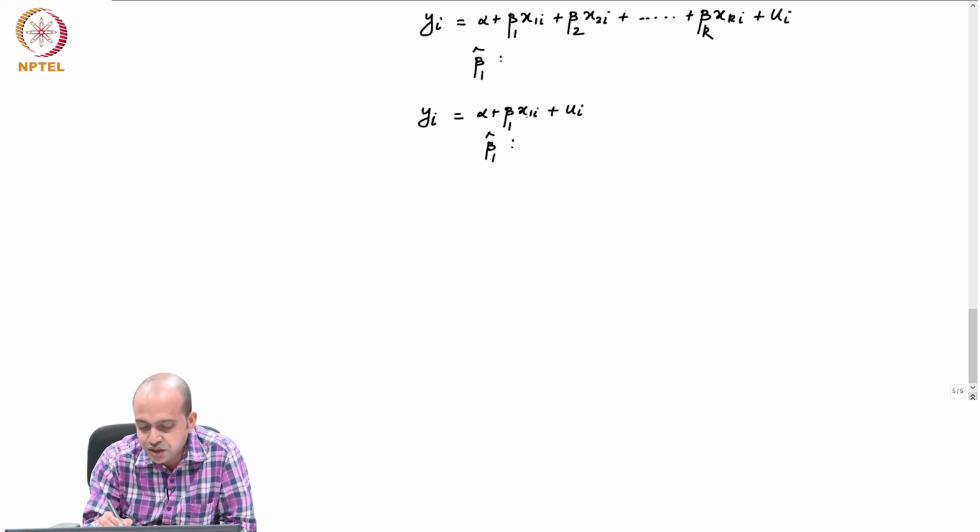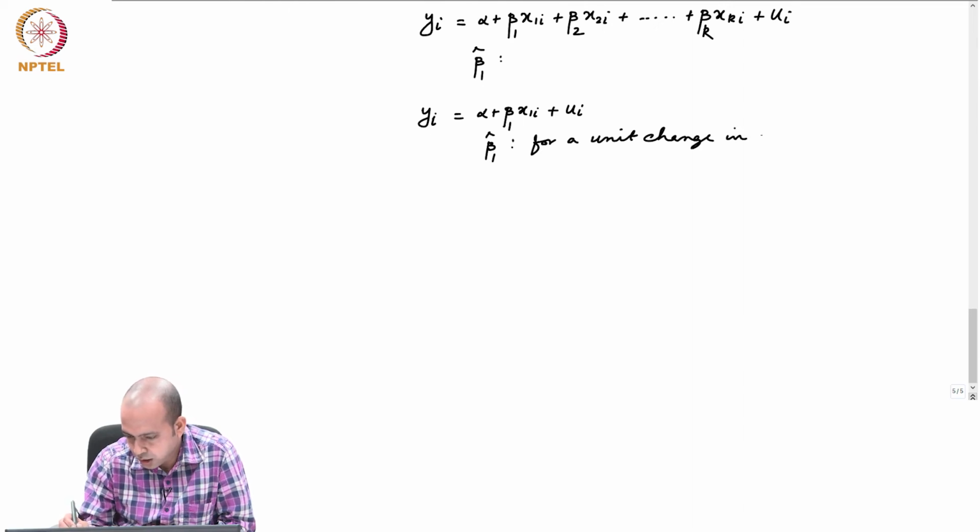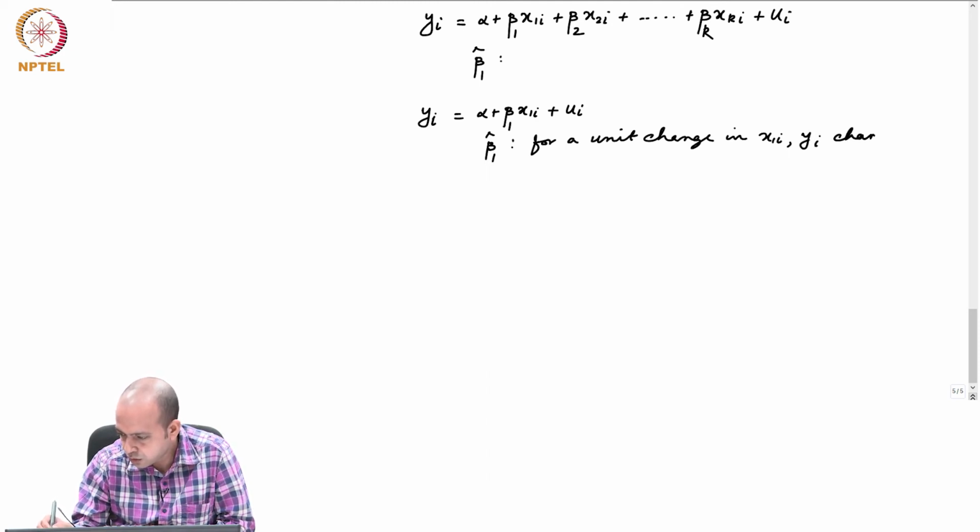For a unit change in x1i, yi changes by beta 1 hat amount on an average.